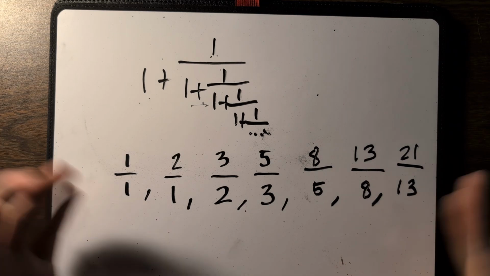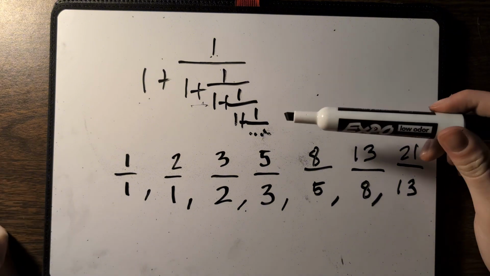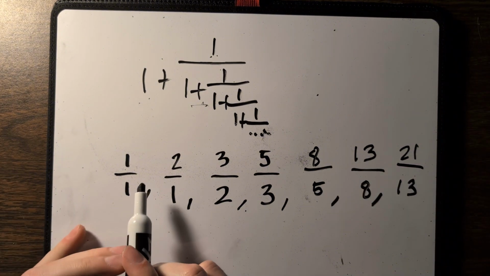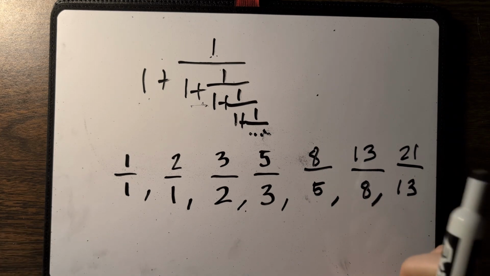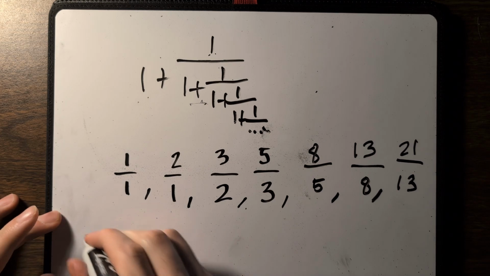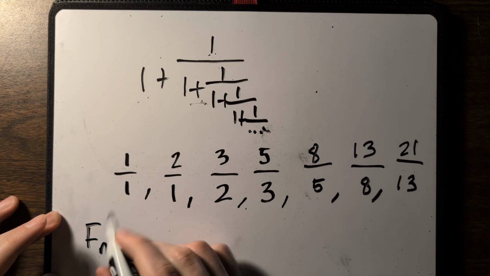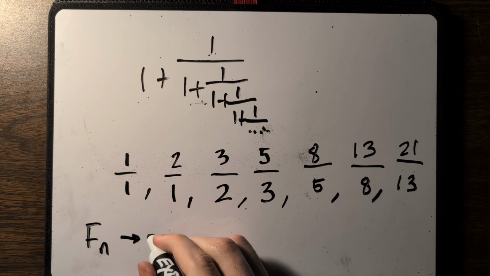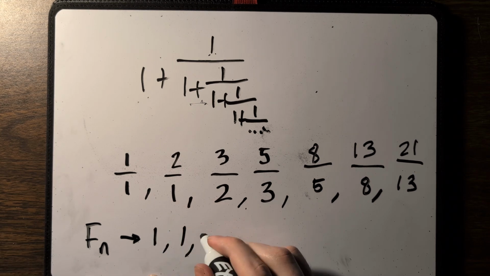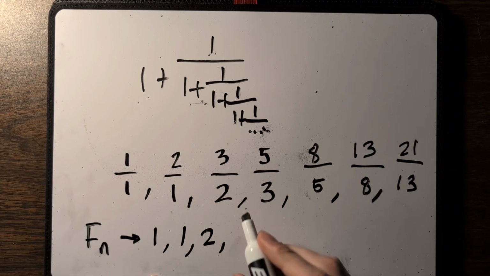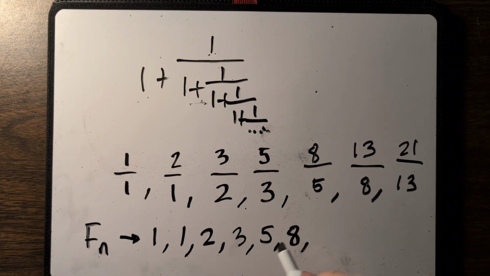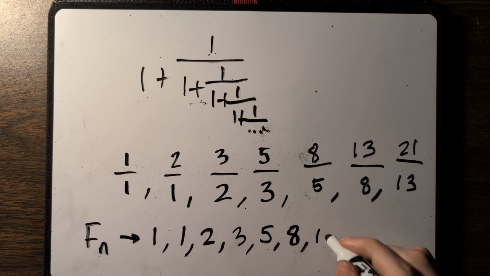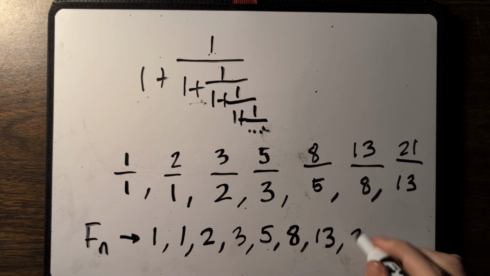So this might seem like a random assortment of fractions, but let's write out the Fibonacci numbers. The first one is 1. Next, 1, 2. If we add 2 and 1, we get 3. 2 and 3, we get 5. 3 and 5, we get 8. 5 and 8, we get 13. 8 and 13, we get 21.